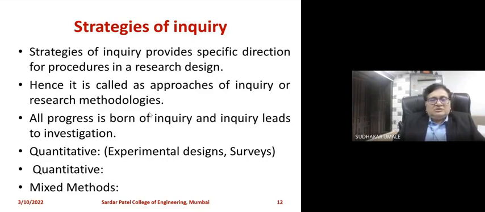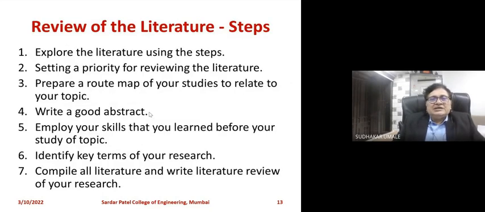Later on, you go to the quantitative research design. It is simply called experimental designs or surveys. Already I have explained in detail in earlier slides. Quantitative research strategy, mixed method strategies.